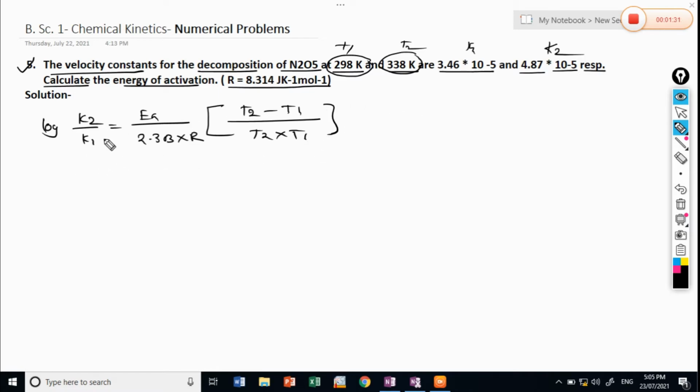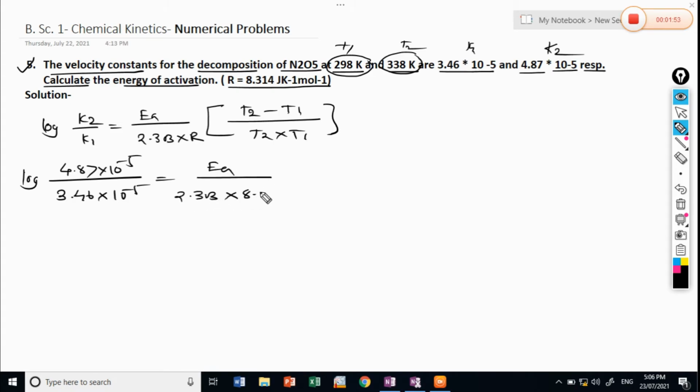If you put all these values in this formula, you will get log K2, 4.87 into 10 raised to minus 5, K1, 3.46 into 10 raised to minus 5, is equal to Ea divided by 2.303 into 8.314, that is the value of R, into T2 is 338 minus T1 is 298 divided by 338 into 298.